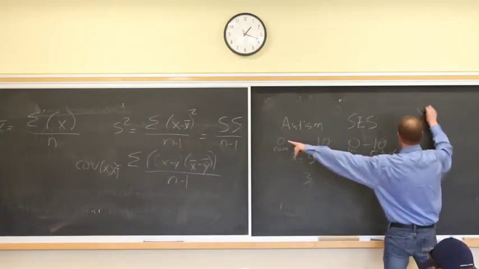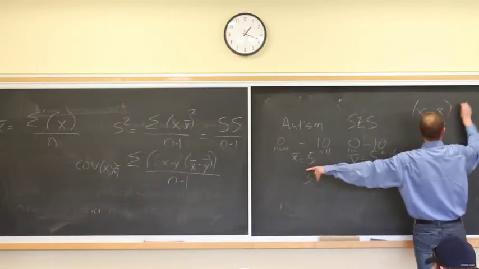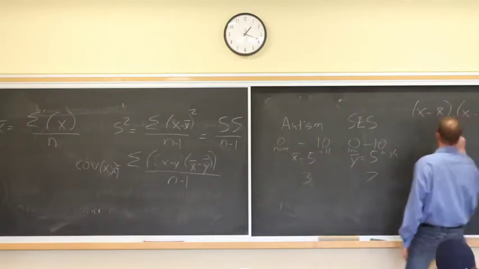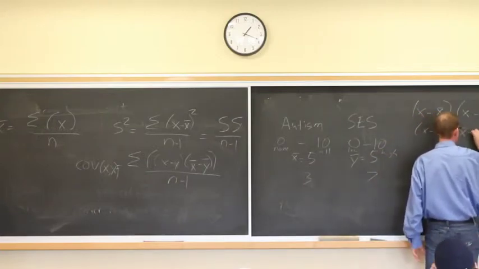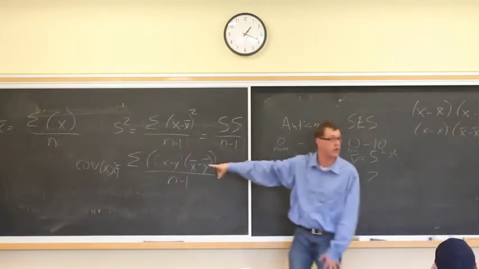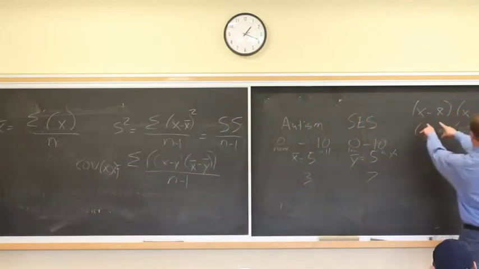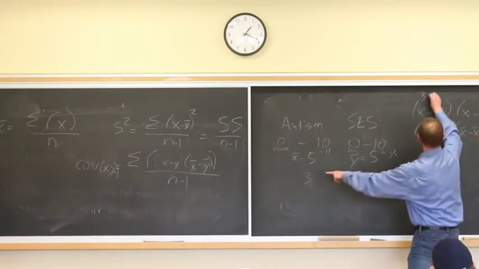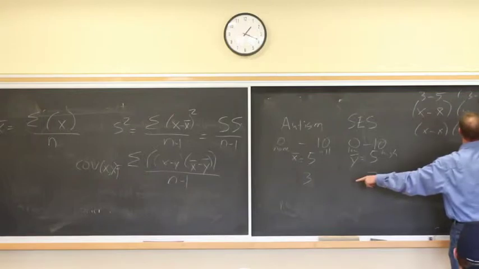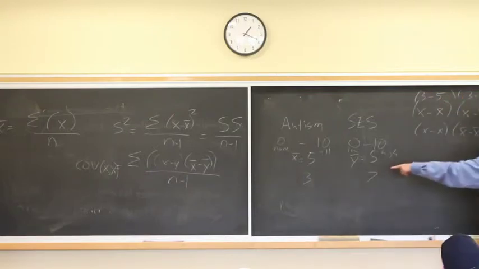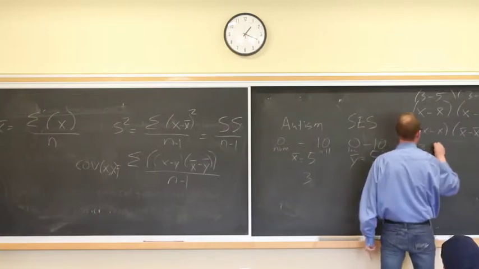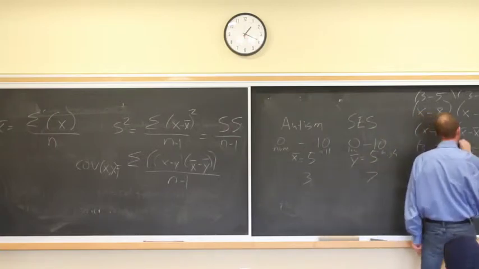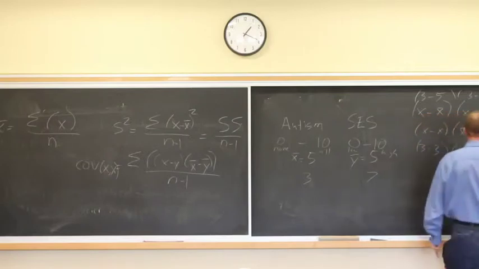So x minus mean of x times x minus mean of x, versus x minus x times x mean minus the mean of x, because that's the alternative that's just been proposed. If we do this, we have 3 minus 5 times 3 minus 5, so that's -2 times -2, which equals 4. And if we do that here, we have 3 minus 3 times 5 minus 5, which is 0.